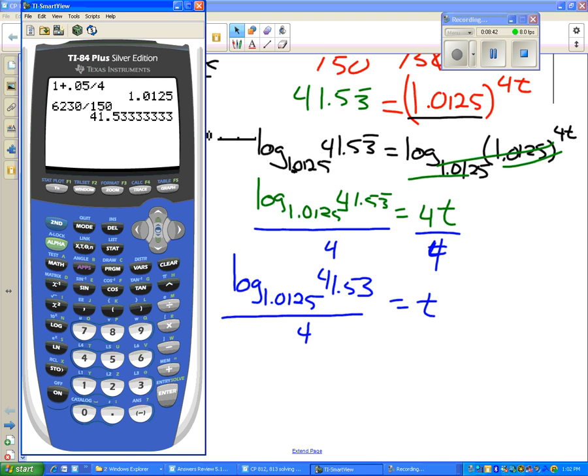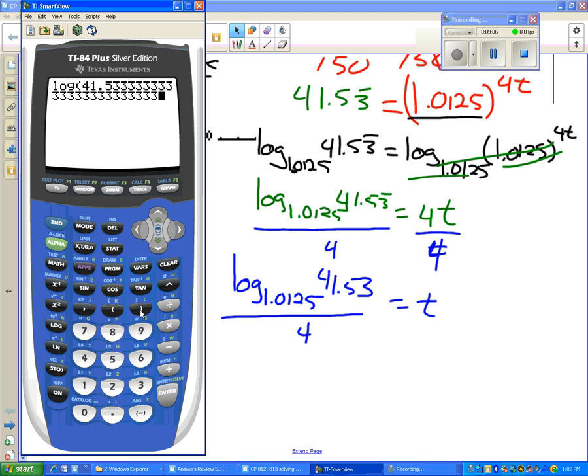So I pull up my handy dandy calculator, and remember, for this to work for me, I need to use change of base. So I need to do log base 10 of 41.5. Now remember, this was 3 repeating, so I'm just going to put a whole bunch of 3's in there.